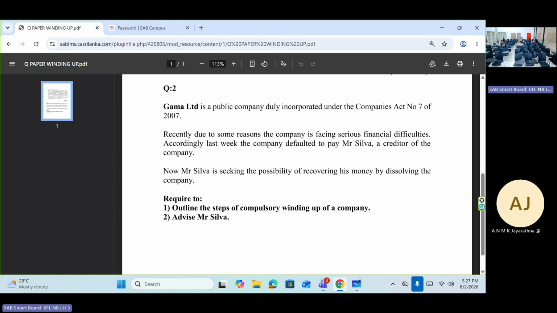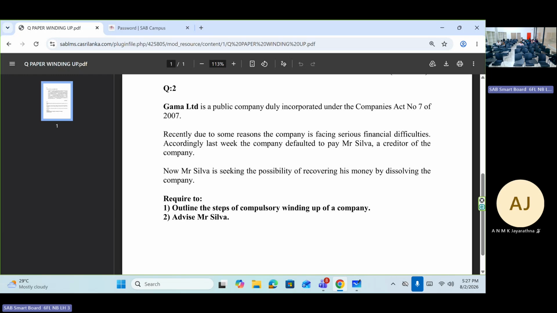Not all creditors can make an application to liquidate the company by court. What are the conditions to be fulfilled? Three conditions to be fulfilled. The amount shall be more than 50,000 rupees. And a written demand: we must demand the money in writing.